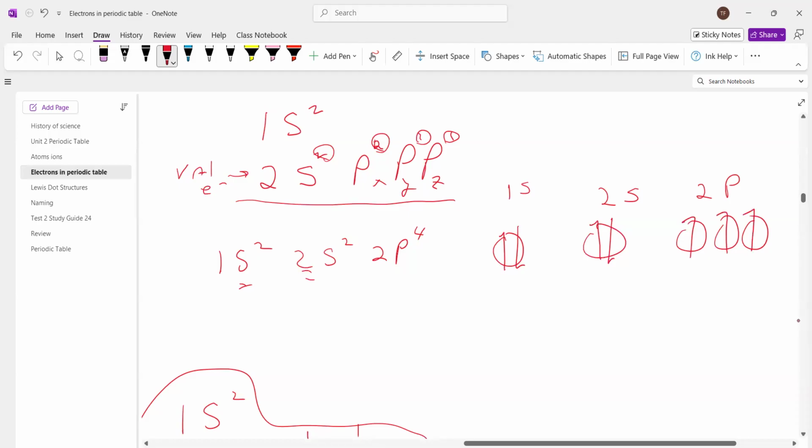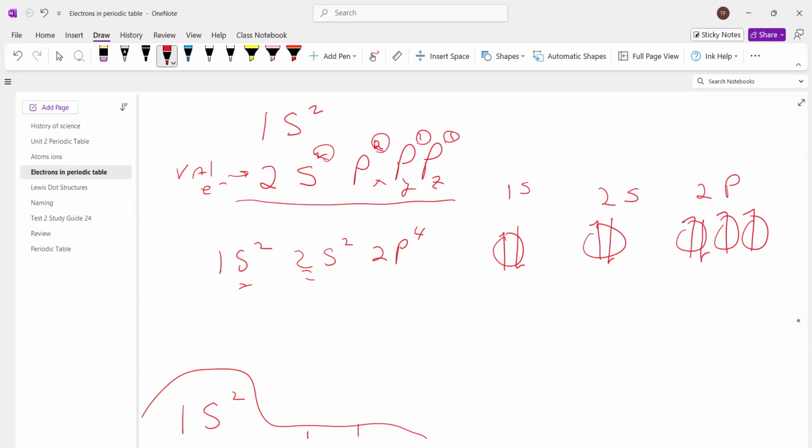We have 1 more to go, like that. So we've got pair, pair, singleton, singleton. So this is the orbital version of the electronic configuration for oxygen.